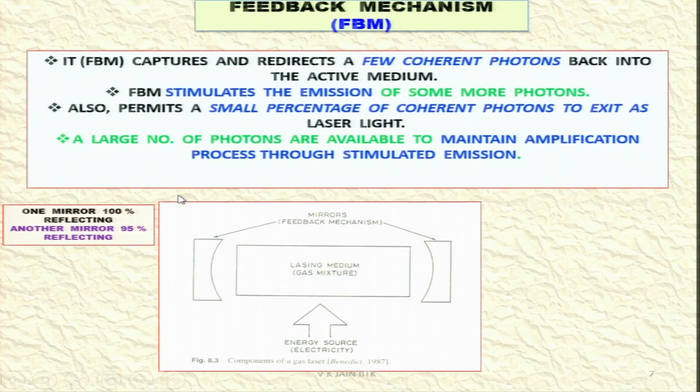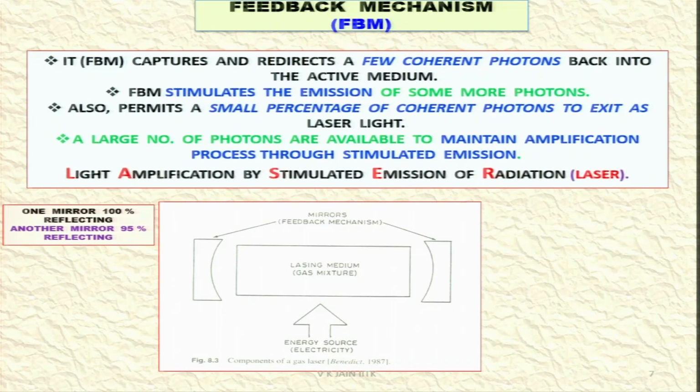A large number of photons are available to maintain the amplification process through stimulated emission, and that's why it is known as light amplification by stimulated emission of radiation, and the short form of this is LASER, that is laser.